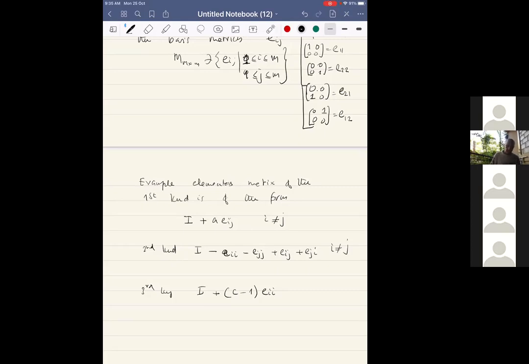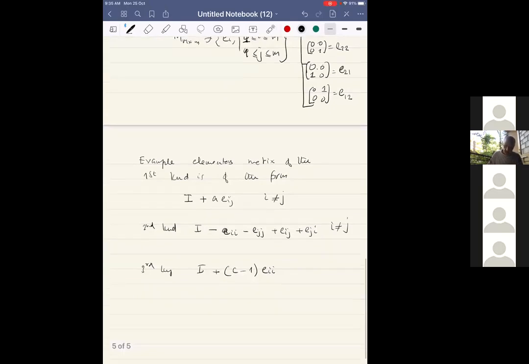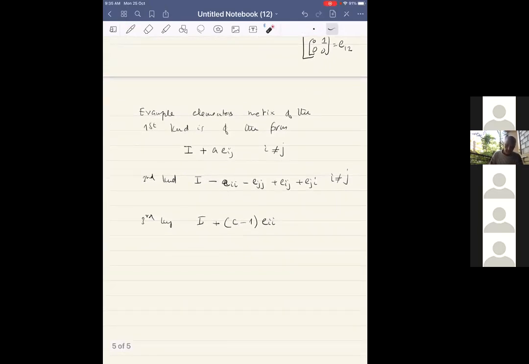Okay. So does everybody understand this description in terms of equations of the three different kinds of elementary matrices? So, for example, do you understand this? I should put an index m here.